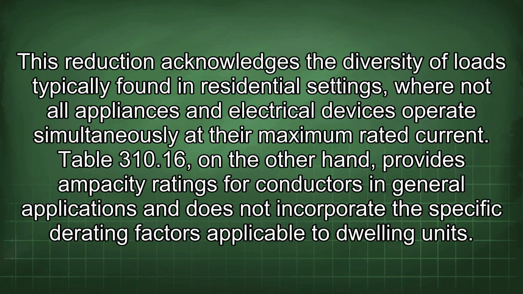This reduction acknowledges the diversity of loads typically found in residential settings, where not all appliances and electrical devices operate simultaneously at their maximum rated current. Table 310.16, on the other hand, provides ampacity ratings for conductors in general applications and does not incorporate the specific rating factors applicable to dwelling units.